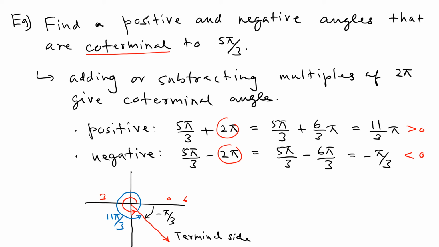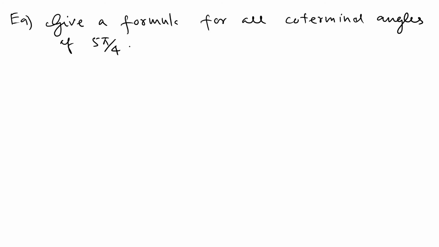Good. So let's do one final problem. Let's try to find a general formula for the coterminal angles. The problem says give a formula for all the coterminal angles of 5 pi over 4.